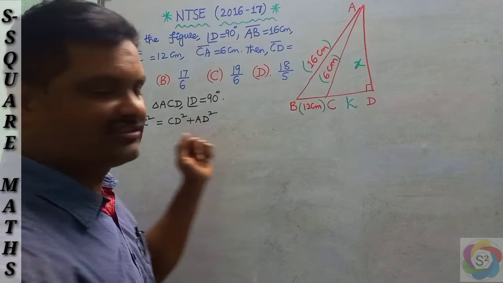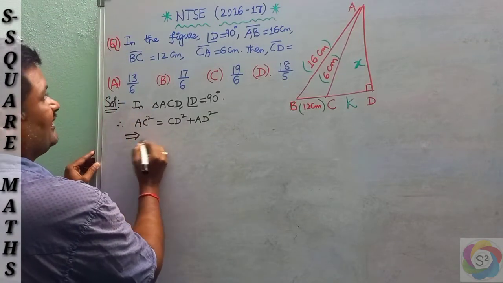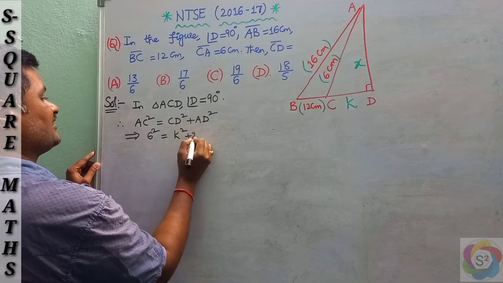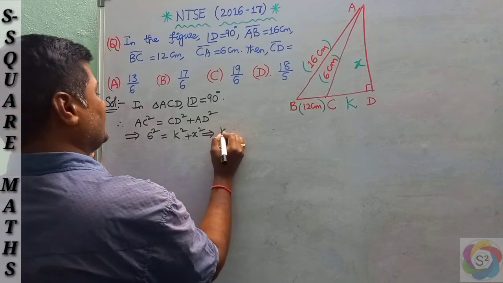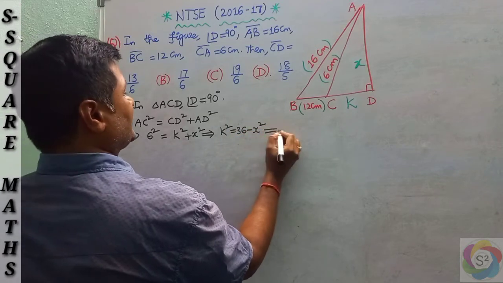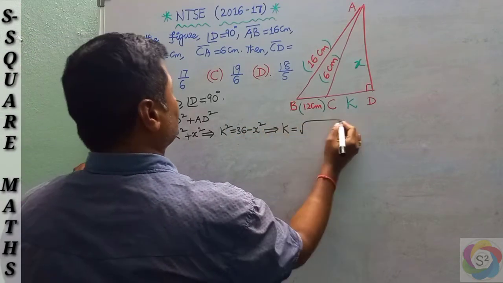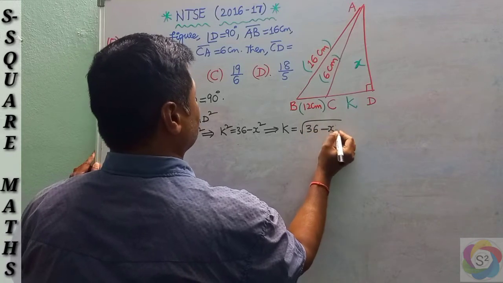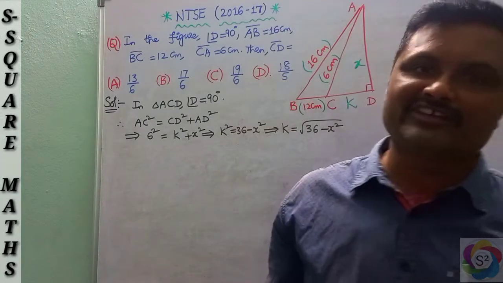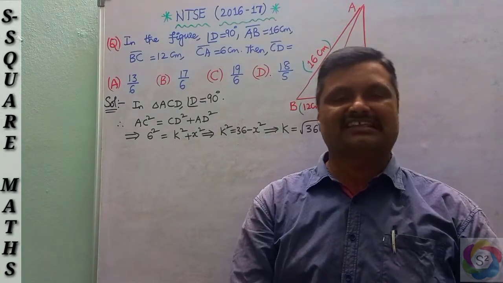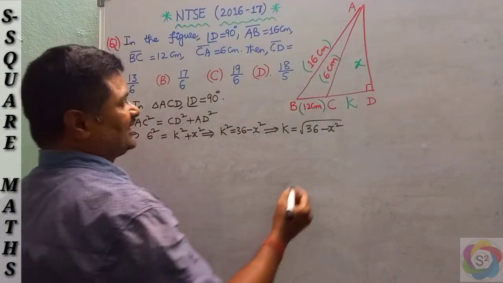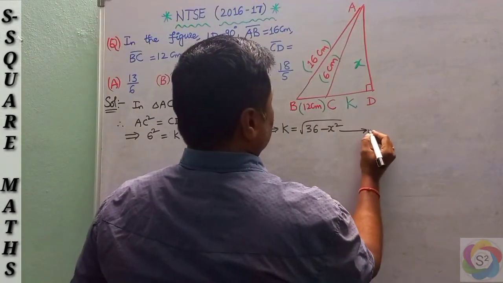AC is 6, so 6 square is equal to K square plus X square, and K square is equal to 36 minus X square. This implies K is equal to root of 36 minus X square. These are the basic level steps, no need to explain very clearly because we are discussing competitive level examinations. Mark this as equation 1.